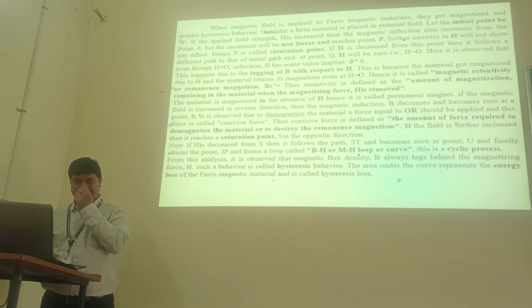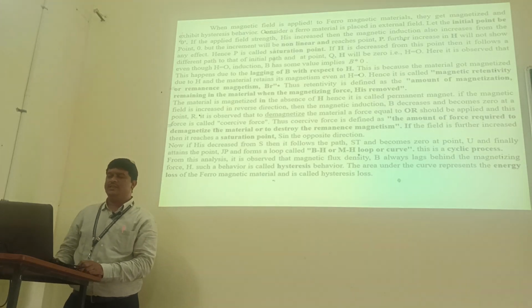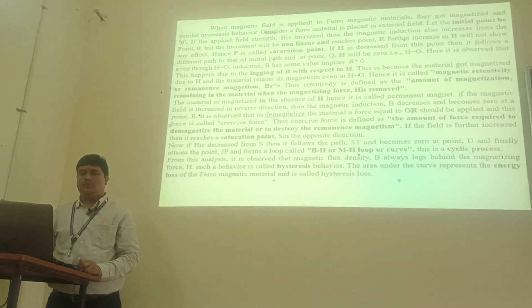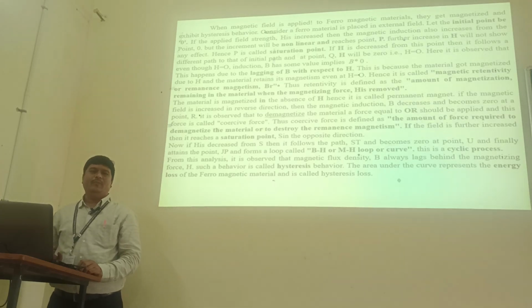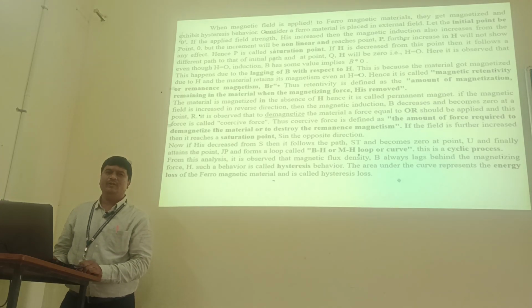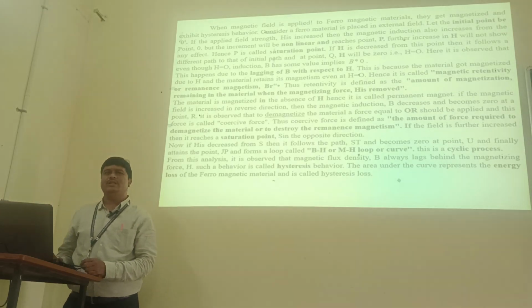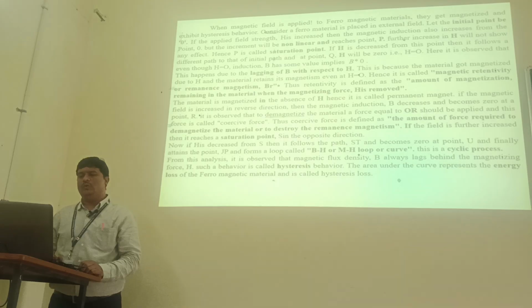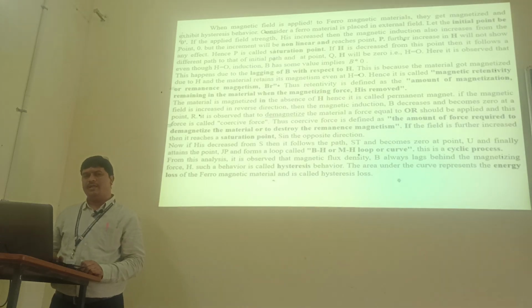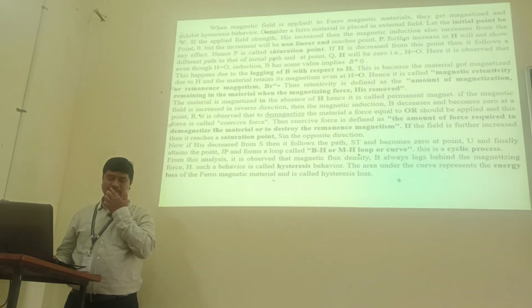Whenever the applied intensity is zero and the magnetic flux density is not zero, the remaining magnetic flux density is known as retentivity. Then whenever the induction is zero and the magnetic field strength is not zero, that field is known as the coercive field.